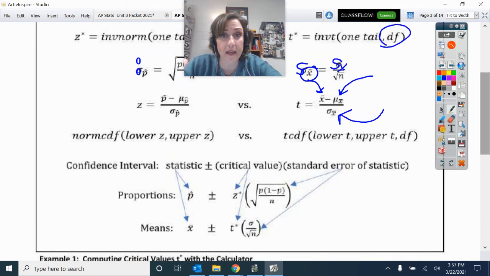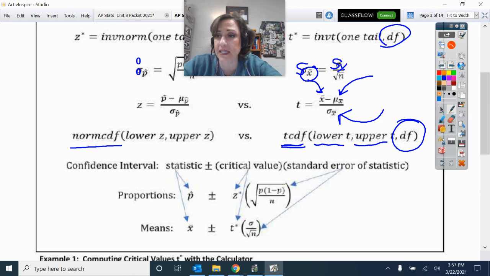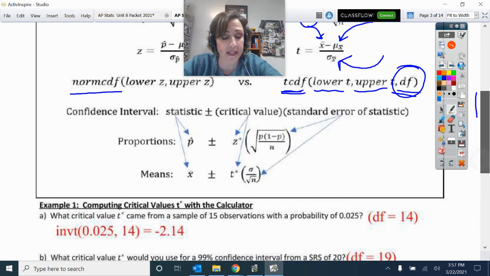Oh, and then if you're going to get the area in a tail, so remember, once we would get a Z-score, we would norm CDF from the low Z to the upper Z. Well, now we TCDF from the lower T to the upper T, but you must include the DF. T, not Z. So when your calculator is giving you an error, then it could be because you left off DF, the degrees of freedom. It has to have in there.